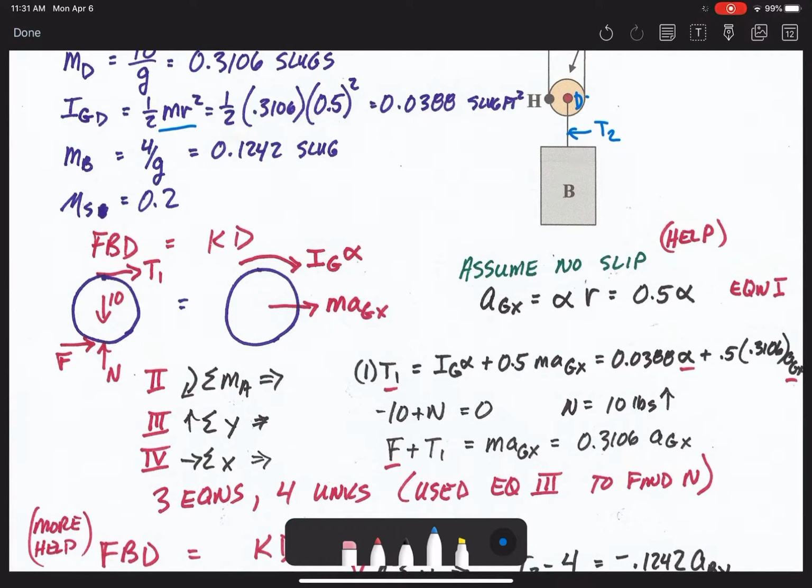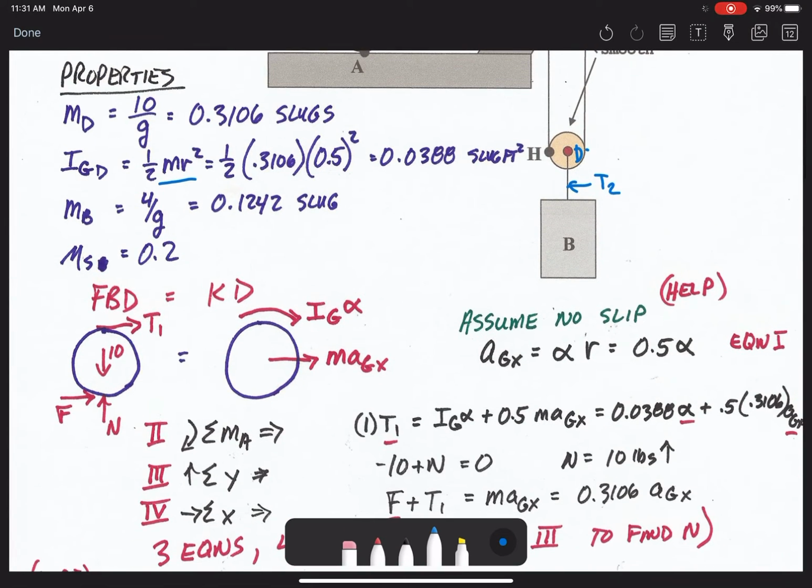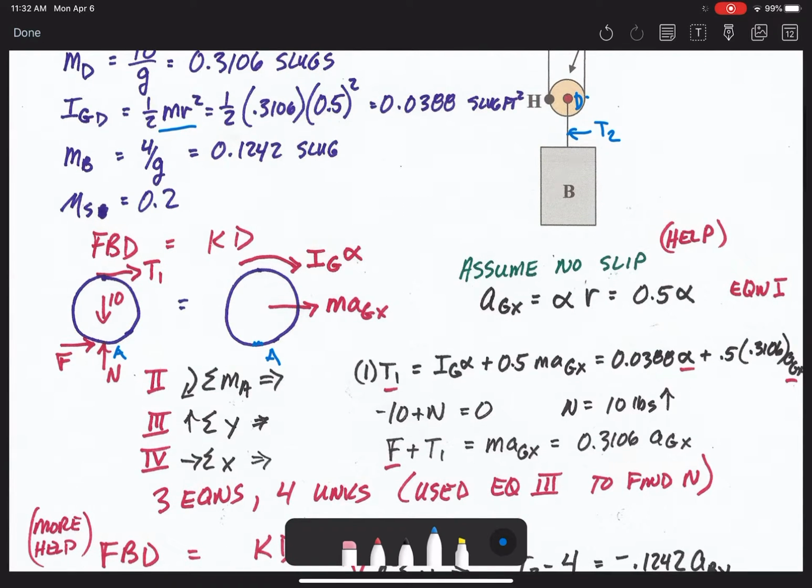So let's go to the wheel. We have the point of contact A, so we have here A, and the point of contact here is at A. The T1 I mentioned earlier for the tension, so the free body diagram includes the weight, 10 pounds, going down, the friction force, which we don't know, so we assume a direction, to the right, the normal force, perpendicular to the surface, so going up vertically, and the T1.